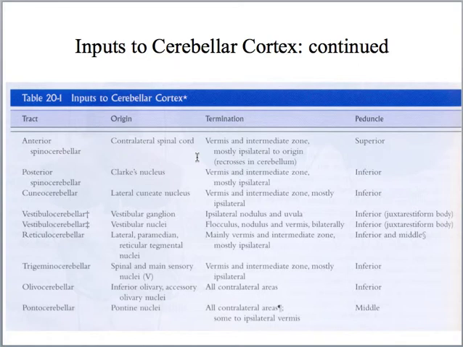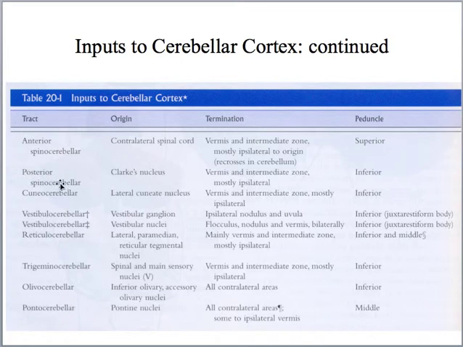And so this again goes over a little bit. The focus here is the anterior spinocerebellar tract. It's contralateral where it terminates and how it enters into the cerebellum via the superior cerebellar peduncle.